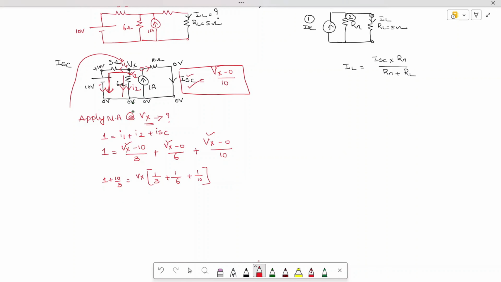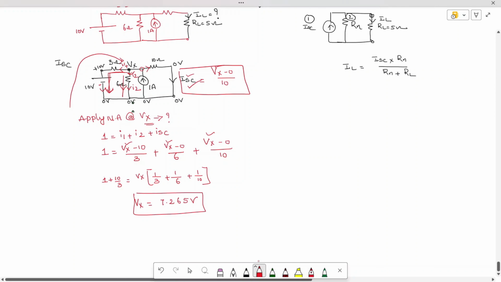When you use your calculator, then you are going to get the Vx value as 7.265 volts. Okay, how I can find out ISC is, the current in this branch is 7.265 divided by 10.